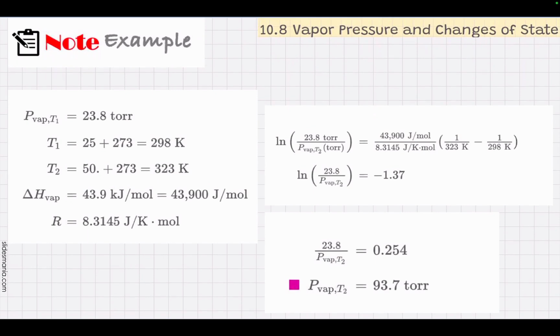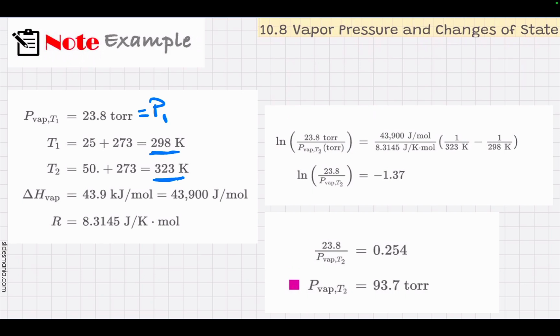So for this question, we're going to say that the pressure of 23.8, we're going to call that P1, and the temperature that that water vapor has at that pressure is 25 Celsius, which is 298 Kelvin. And then the second temperature is 50 Celsius, which is 323 Kelvin.